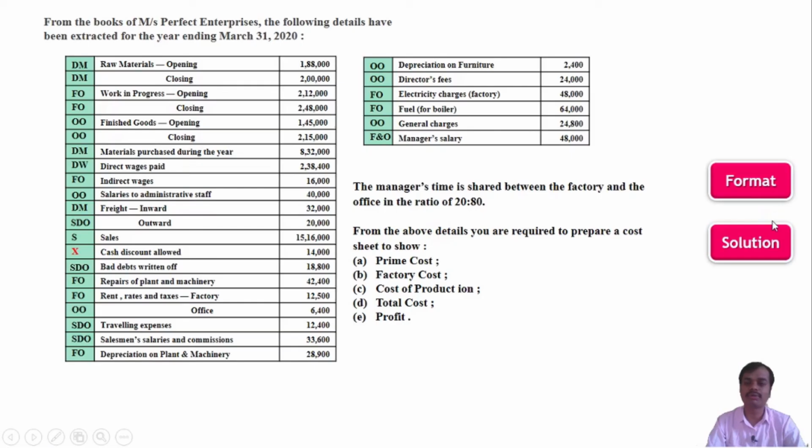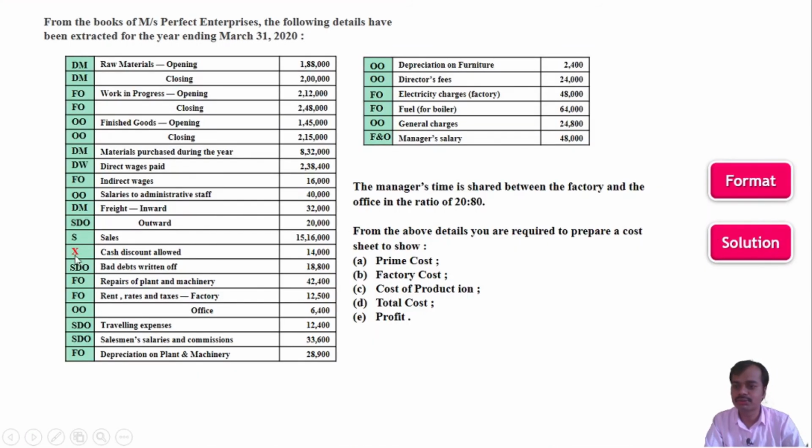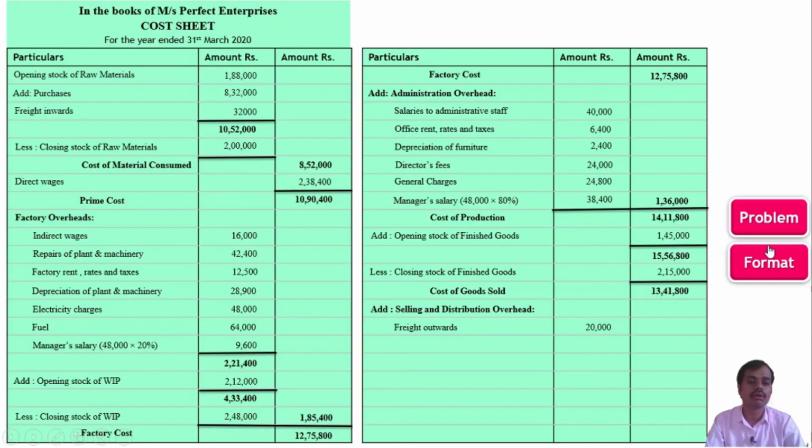Now from the problem we have to find out all the selling and distribution overheads. So first item is freight outward, which is 20,000. Let's take freight outward 20,000. Next item of selling and distribution overhead is bad debts written off, which is 18,800. Bad debts written off 18,800.